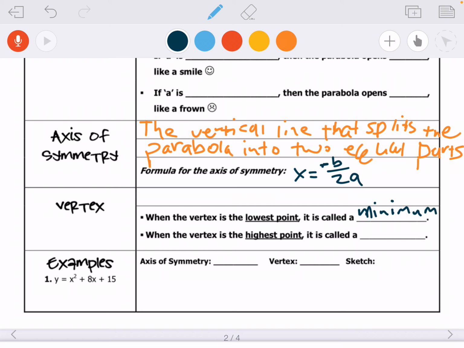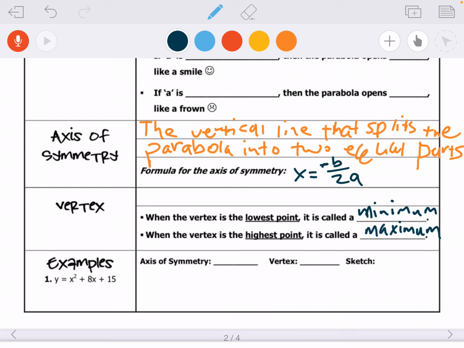And that should make sense because if it's the lowest point on the graph, there's nothing lower than it. So that is the minimum, the lowest point. If the parabola is opening down and the vertex is the highest point at the top, that is called a maximum. There's nothing greater than that point. It's a maximum.